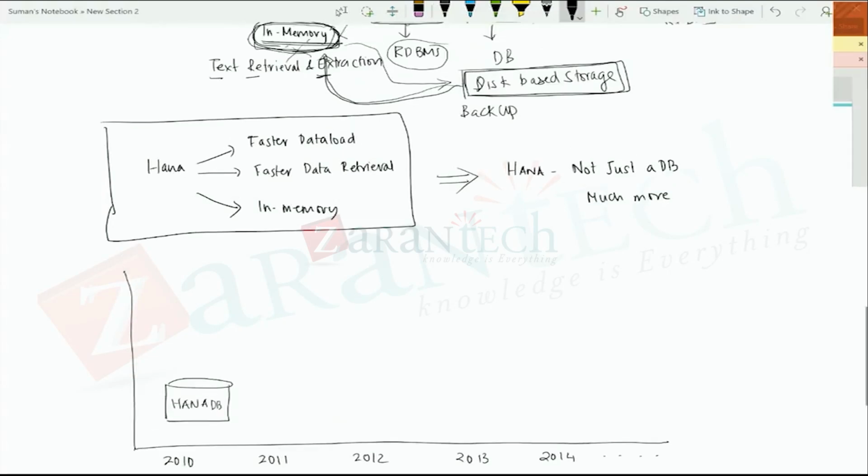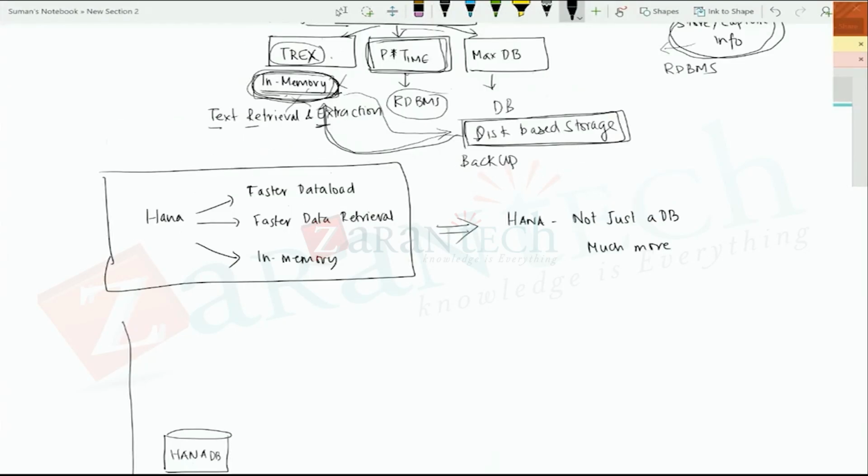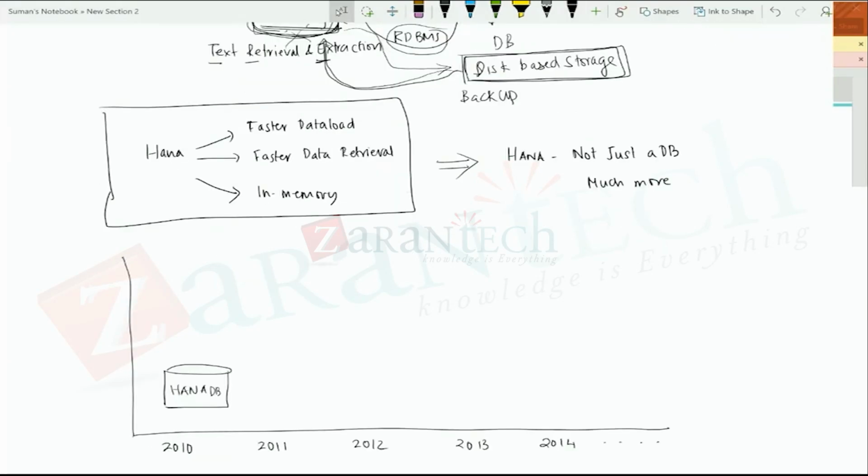That is, though it had some of the capabilities, we were only focusing on the P*Time capability of the traditional RDBMS system. And we were also referring to the in-memory computing capability. So it was primarily used by organizations in sidecar implementation.